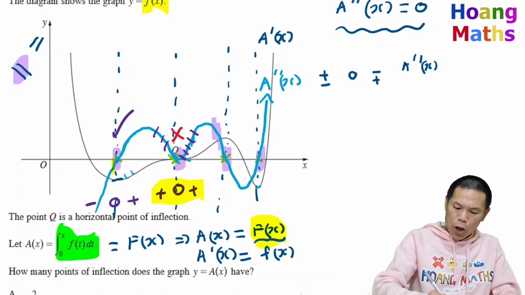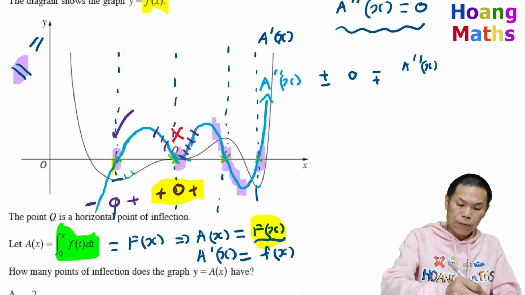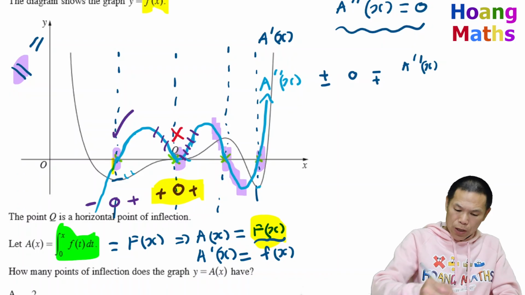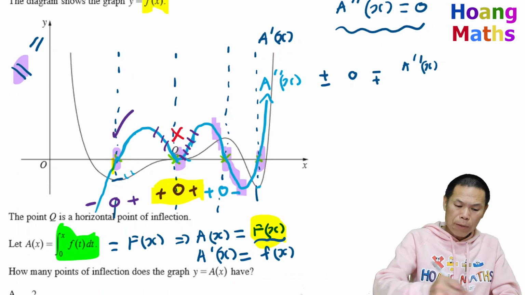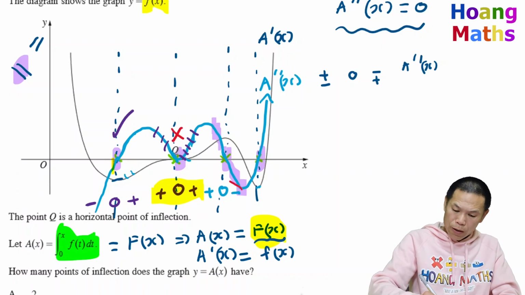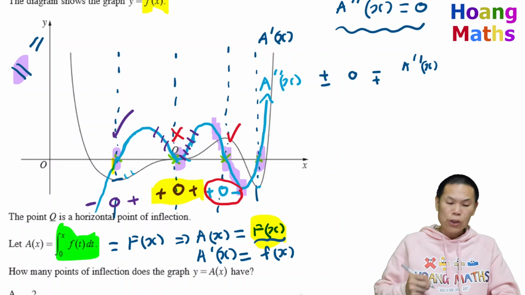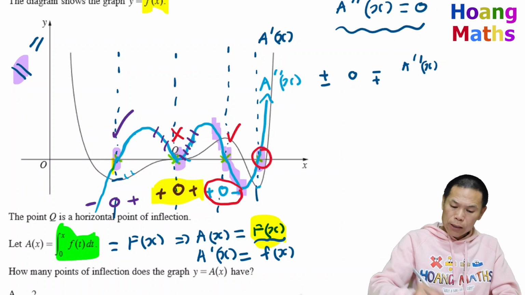And here we have positive and we have negative. Let me write this down. We have 0 for A'', and we have positive A'', and we have negative. That means the concavity changes from positive to negative. So this is another point of inflection. And let's look at this one.